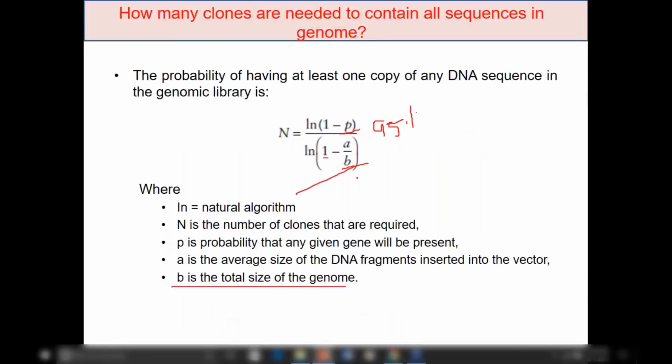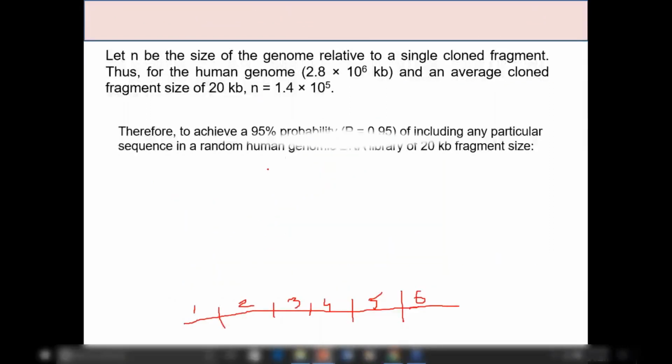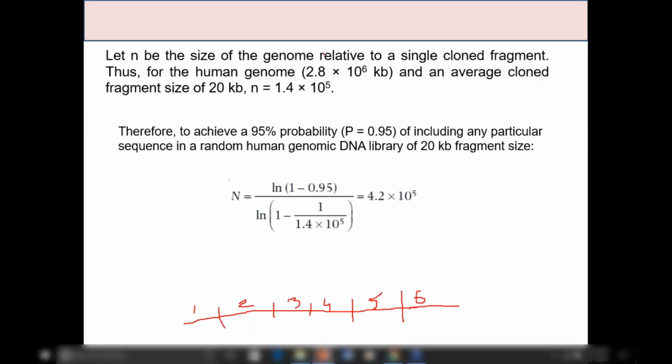I have explained each and every variable and given all the numbers, so why don't you plug in and play? If you do that, you will get the answer for why I am getting 1 divided by 1.4 into 10 to the power 5. Don't think that I just added it. If you simplify A by B, you will get this answer. Find out how.